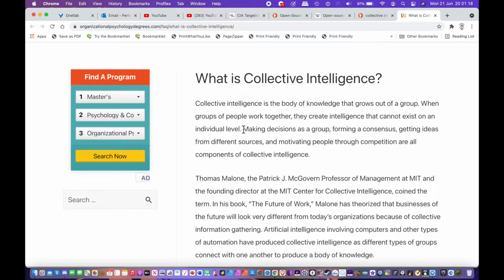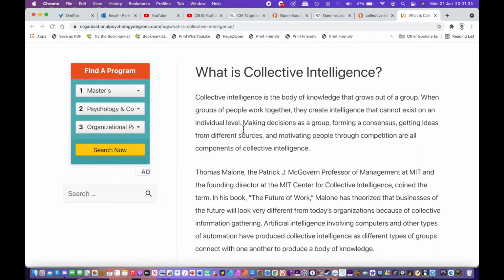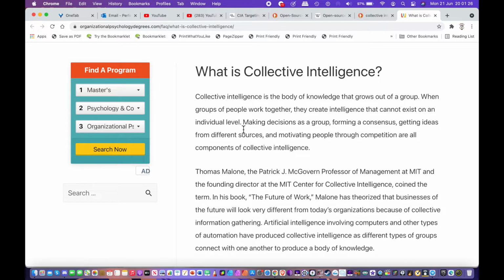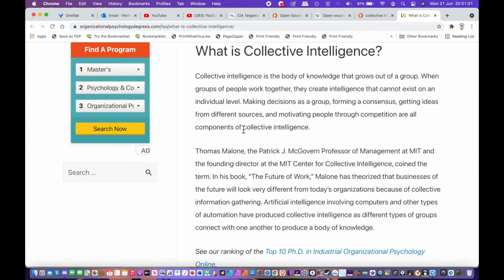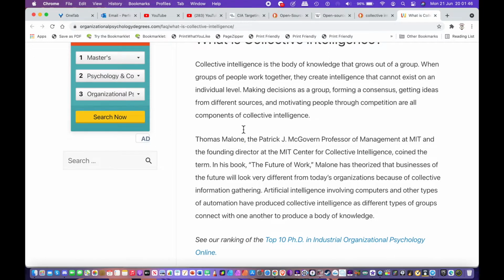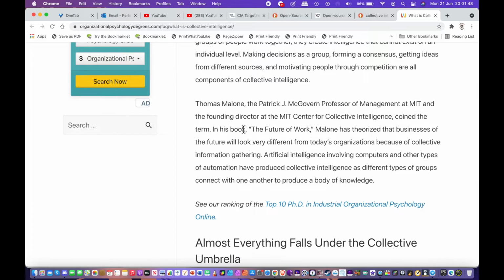Collective intelligence is the body of knowledge that grows out of a group. When groups of people work together, they create intelligence that cannot exist on an individual level. Making decisions as a group, forming a consensus, getting ideas from different sources, and motivating people through competition are all components of collective intelligence.